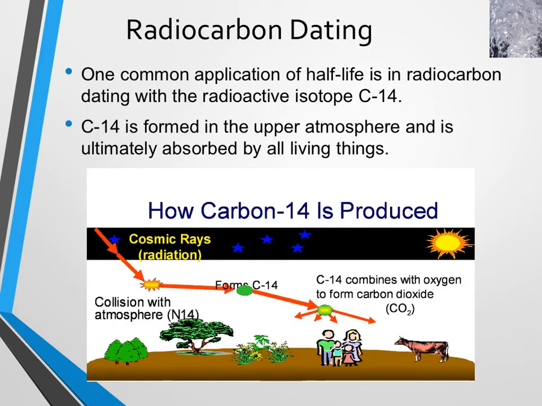All right, just real quick, here's an actual application of radioactive decay in our everyday life. I'm not sure if you've heard about carbon-14 dating, but carbon-14 is a radioactive isotope of carbon.